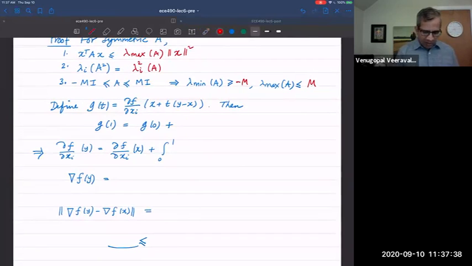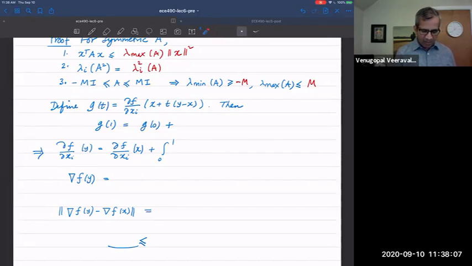So let's define G of t first. I haven't done that yet. G of t is the partial of f at x plus t times (y minus x) with respect to the ith component. Okay, we'll call that G of t.